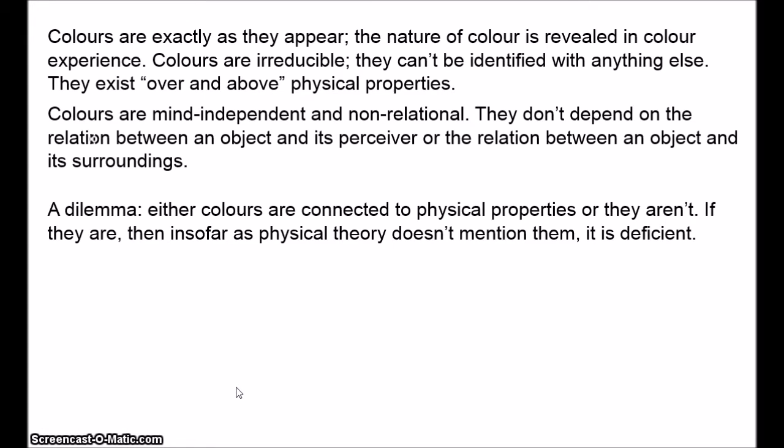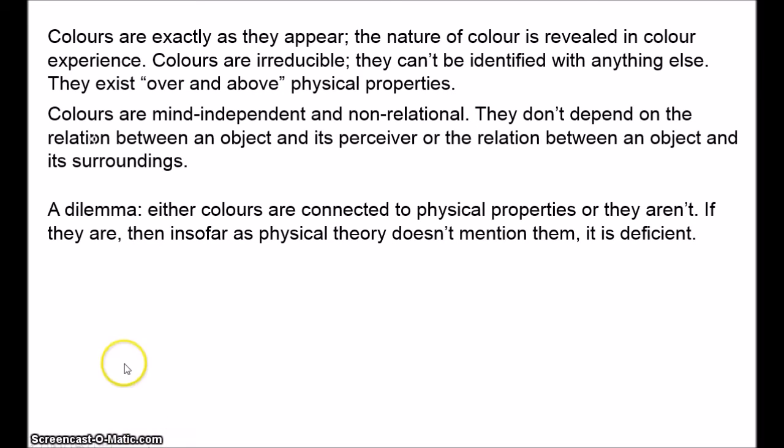We can measure spectral reflectances and so on. So if colours are connected to physical properties, why does physics seem to provide a fairly complete story of the production of colour sensations? It's very unlikely that physics is just missing this very important part of the story.